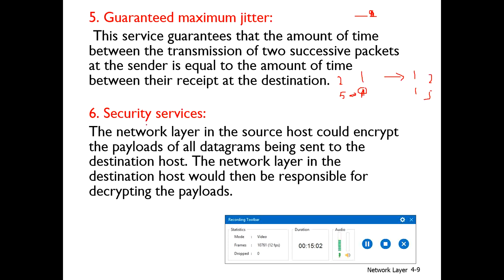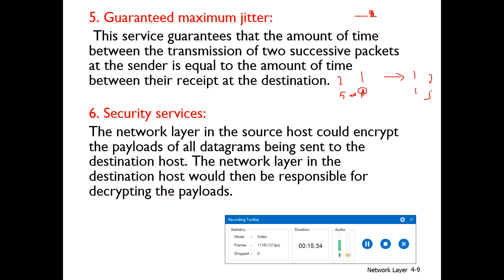Next, the network layer offers security services also. Using a secret session key known only by the source and destination host, the network layer at the sender side can encrypt the payload of the datagrams which are sent to the destination host. The network layer in the destination host is responsible for decrypting the payloads.